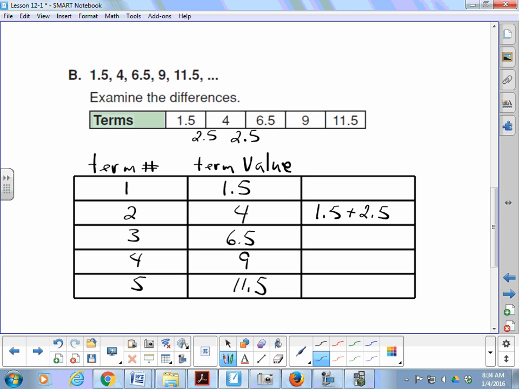And then to get to the third term, what are we doing? We're adding 2.5 again, right? Okay. So that means we're doing 1.5 plus 2.5 times 2, because we're adding it twice. To get to the fourth term, we're going to add it 3 times. And so on.